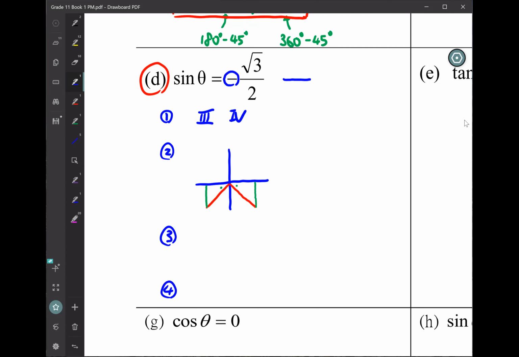Adjacent, opposite, hypotenuse? Root 3, where should we put it? Opposite. Opposite, very good. What about 2? Hypotenuse. Hypotenuse, okay, very good. So let's put that in. Root 3 and 2, right? So if that's root 3, 2, the last one should be 1.